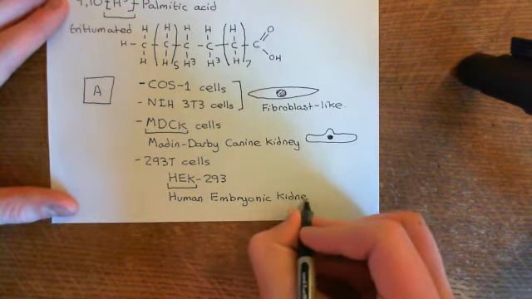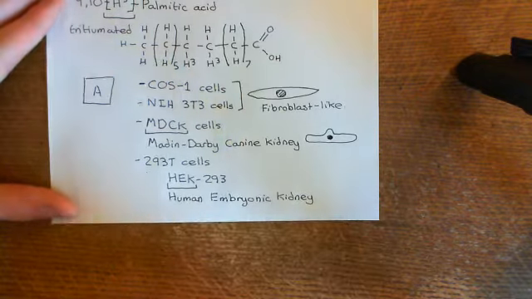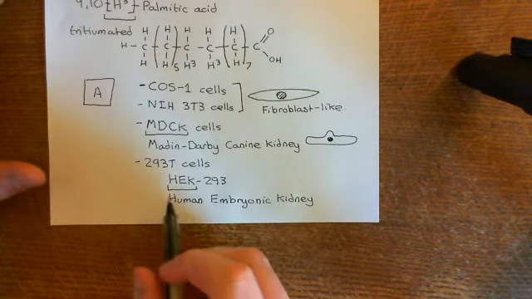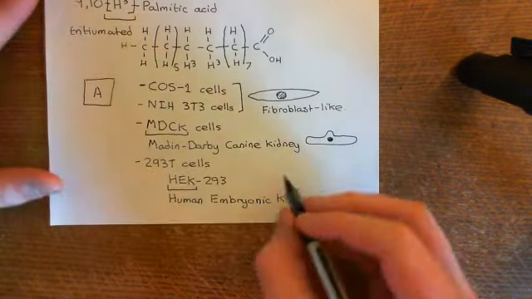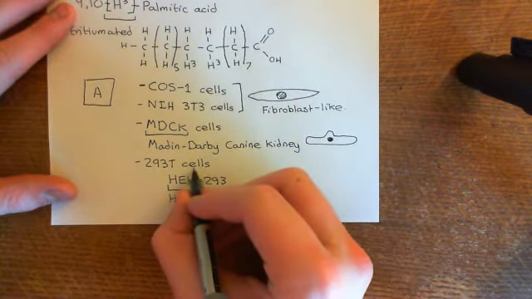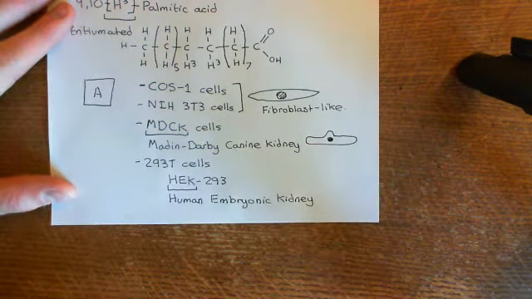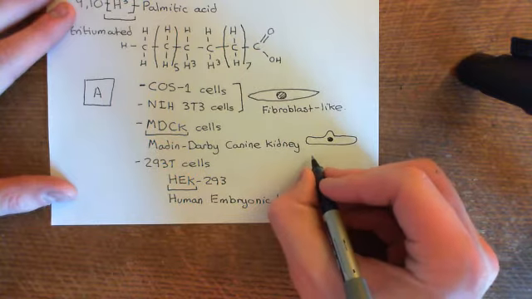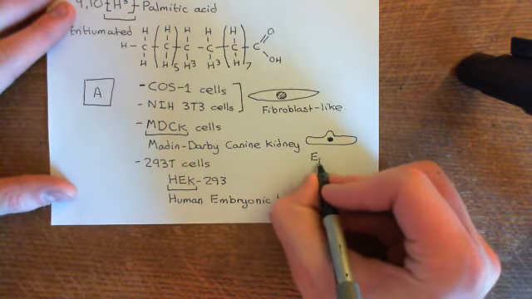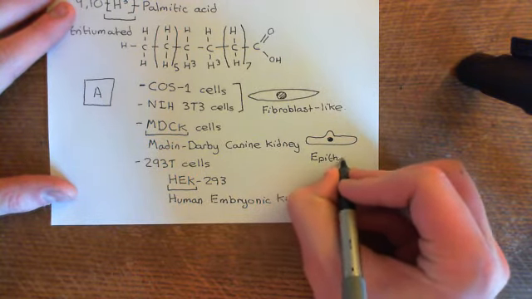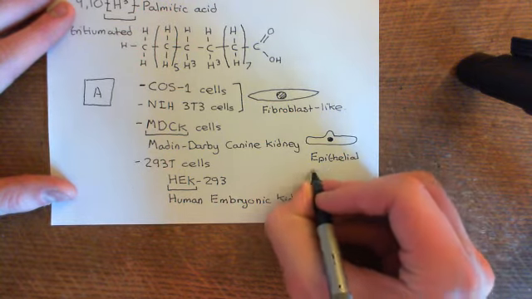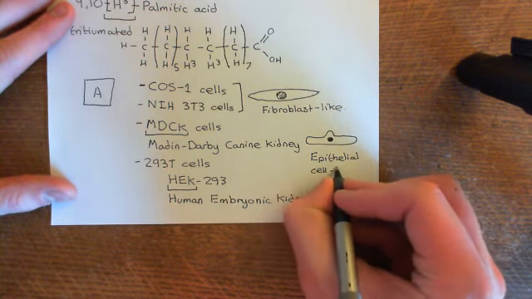Okay, so the 293T cells are a modification of these HEK 293 cells, and 293T cells as well as Maiden Derby canine kidney cells are both epithelial cell-like. Okay, so they're similar to epithelial cells.